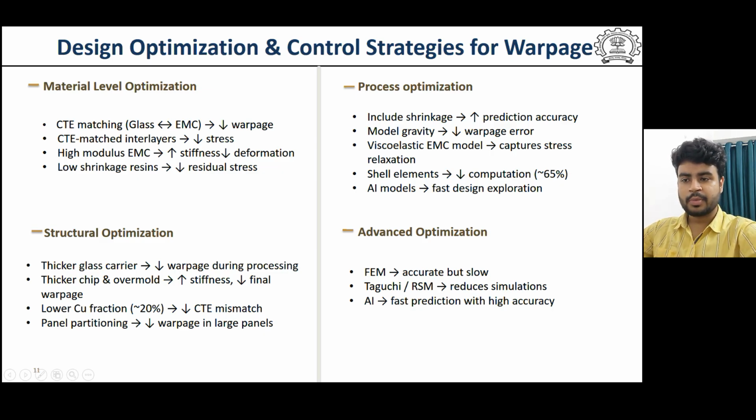Now coming to process optimization. Here is what we should do while doing the simulation. Including curing shrinkage improves prediction accuracy. Modeling gravity reduces warpage estimation error, as we discussed earlier. Using a viscoelastic EMC model helps to capture stress relaxation during curing.